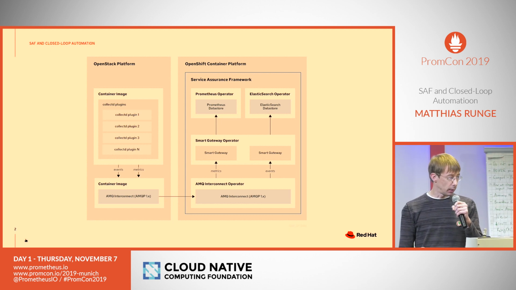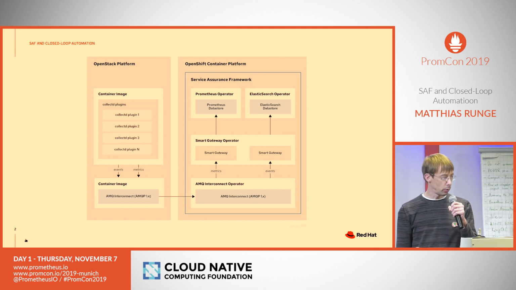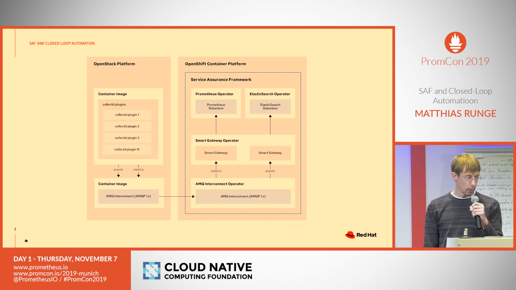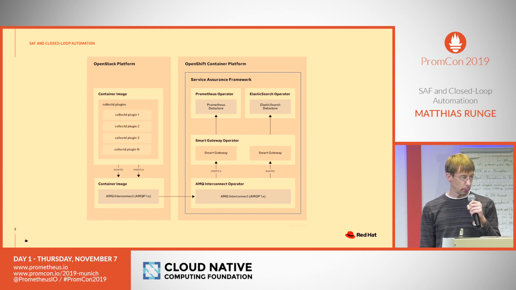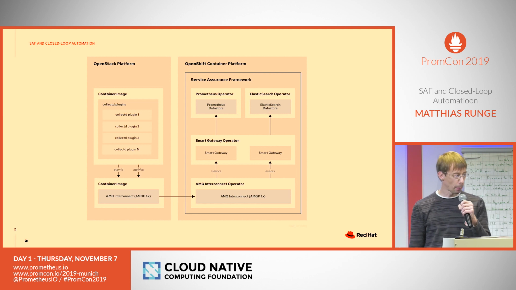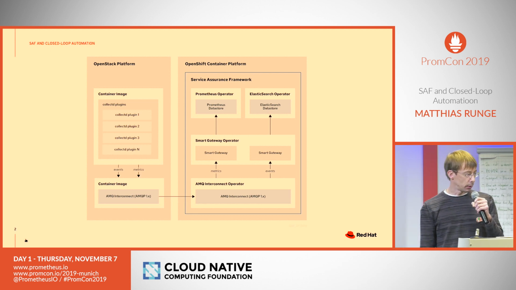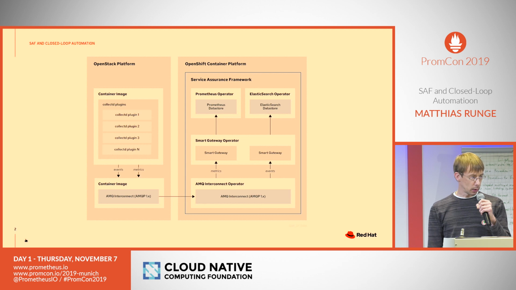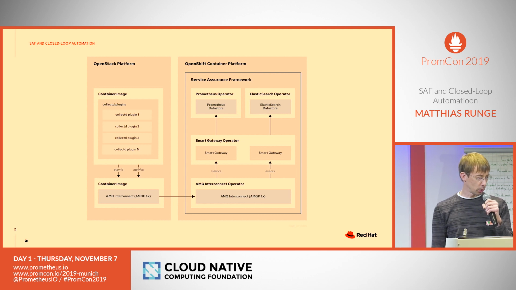The idea is to use, for example, collectd or the traditional telemetry in OpenStack to collect data and to send it over to a microservice application called the Service Assurance Framework. It uses an AMQ 1 bus, which has major benefits, and I'm going to get into that.